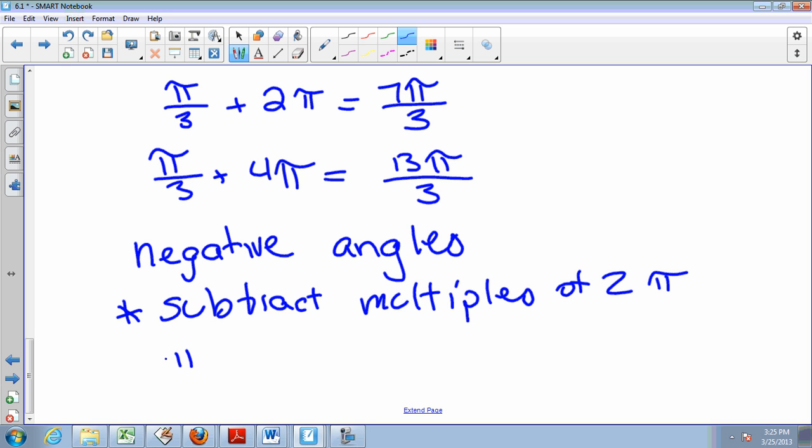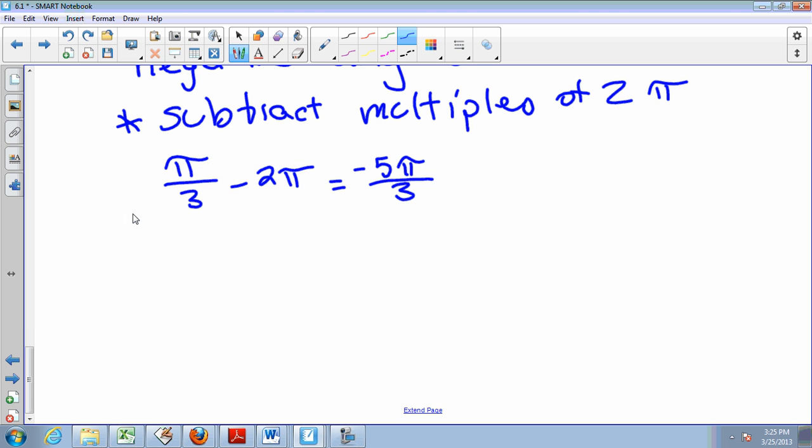So we take our initial theta, pi over 3, subtract 2 pi, and we get negative 5 pi over 3. Take pi over 3 minus 4 pi, and we get negative 11 pi over 3.